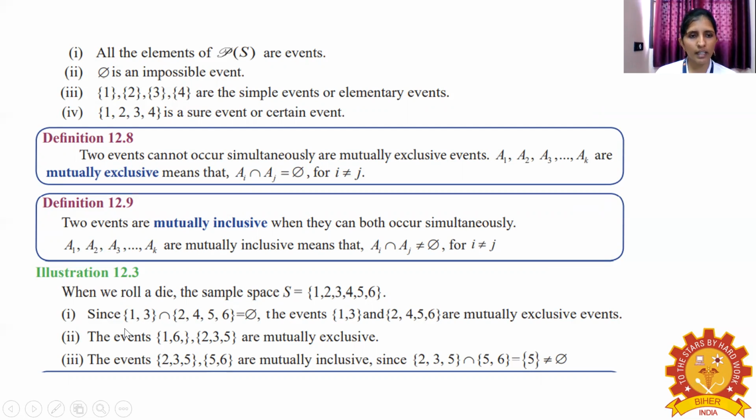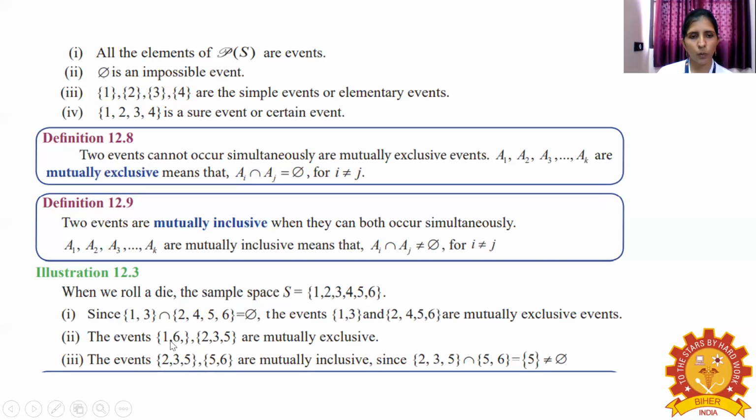Since {1, 3} intersection {2, 4, 5, 6} is equal to phi, the events {1, 3} and {2, 4, 5, 6} are said to be mutually exclusive events, because we do not have any common elements in both these sets. So therefore we call these mutually exclusive events.